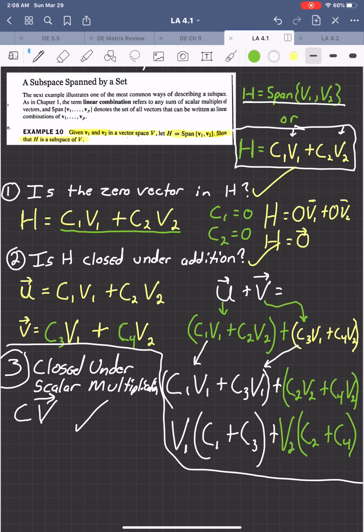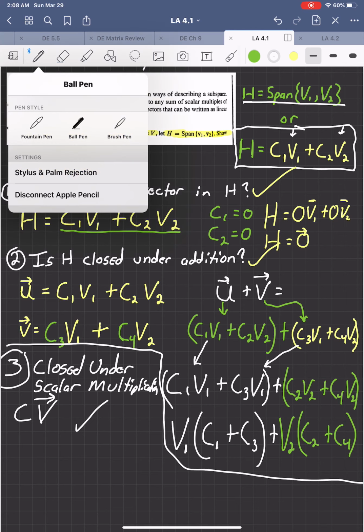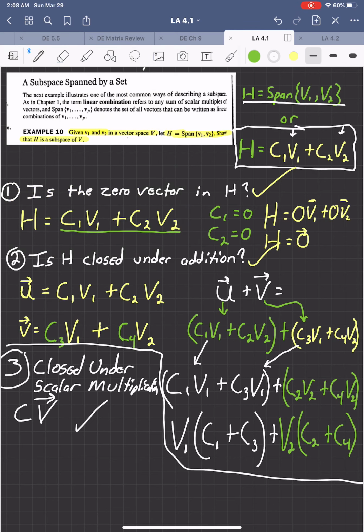So the linear combinations that make H, in other words, the span of the two vectors, meet all the criteria to be able to make the statement that yes, H is a subspace.